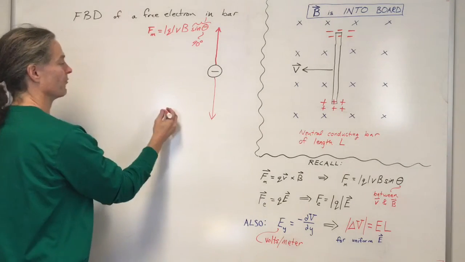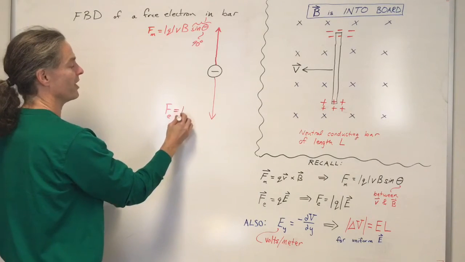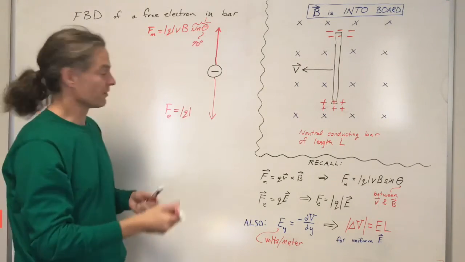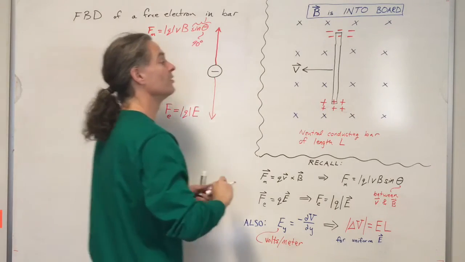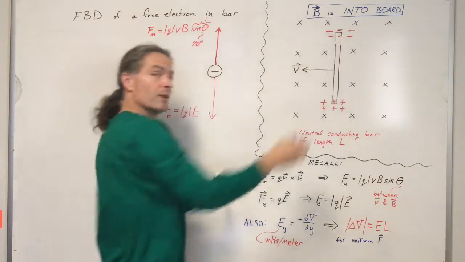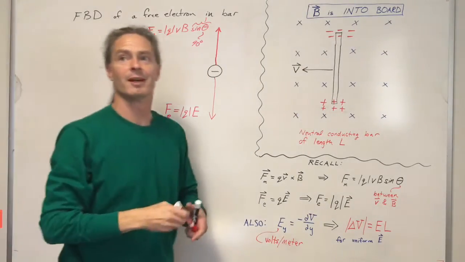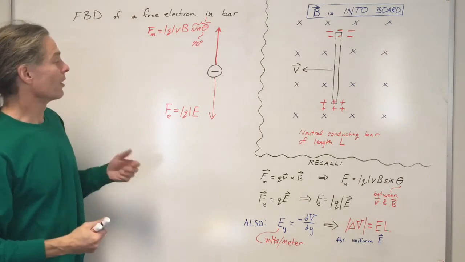So we've got the electric force. The electric force on each of those electrons will have magnitude charge of the electron multiplied by the electric field. That electric field is due to this charge separation that's happened as a result of the magnetic forces that we looked at earlier.